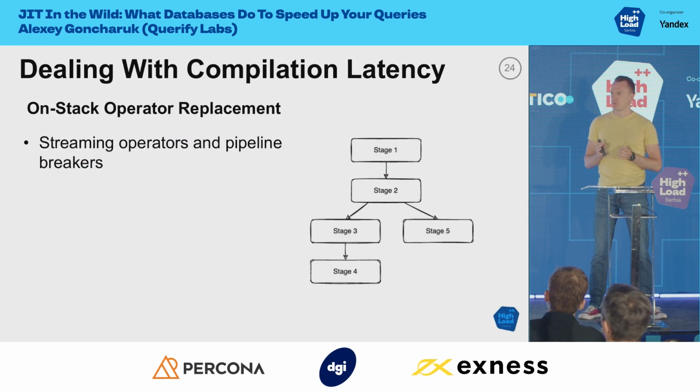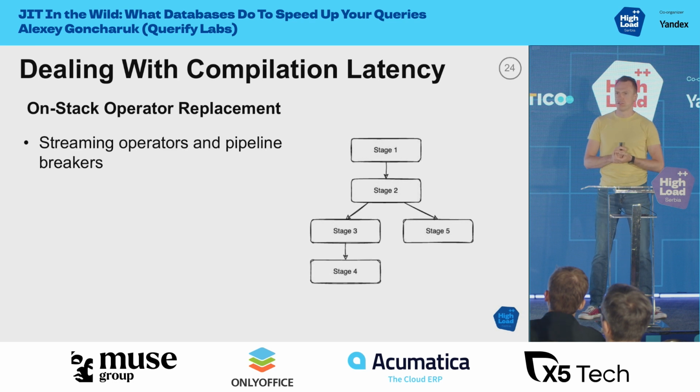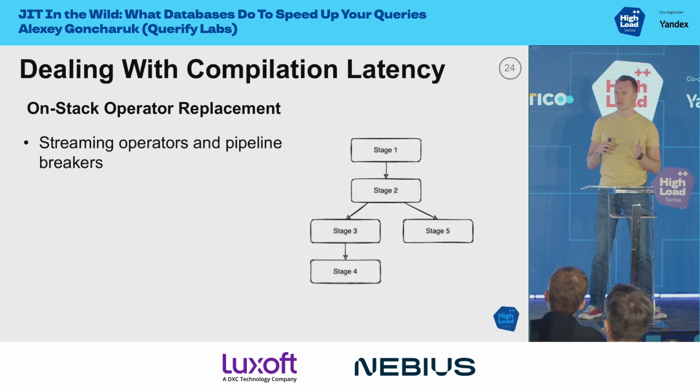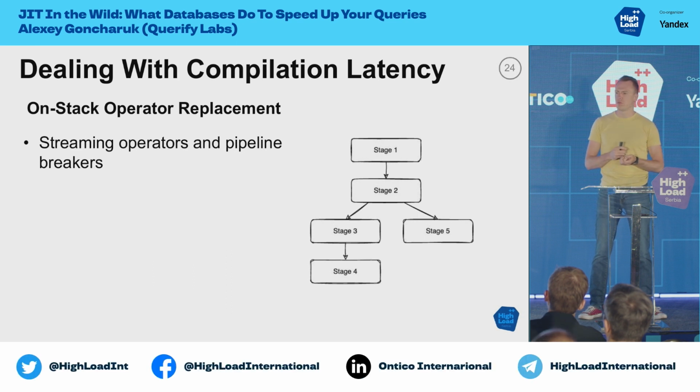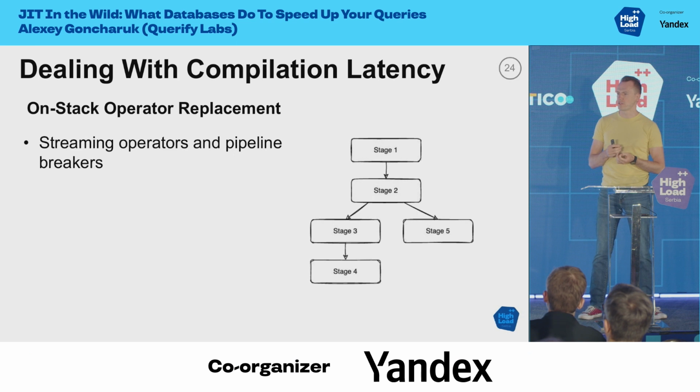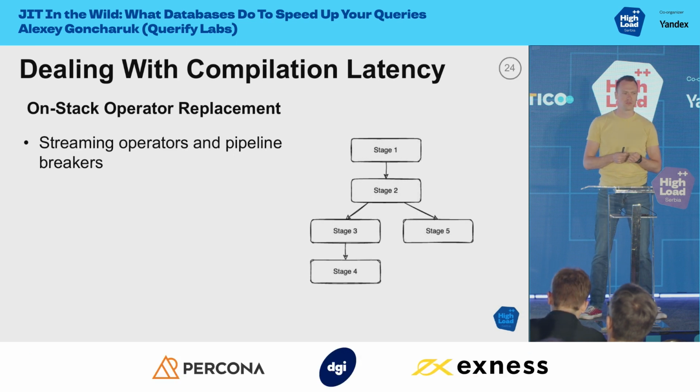In our practice, the transpilation approach is more practical, so this is what we use mostly. And once you go with transpilation, you need to somehow deal with the compilation latency, because in the relational tree you may have hundreds of operators, and the compilation of each operator may take up to hundreds of milliseconds.